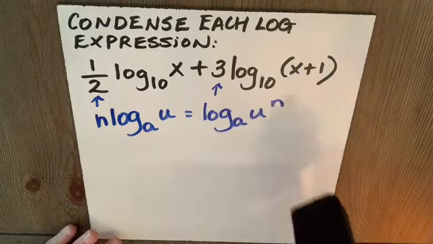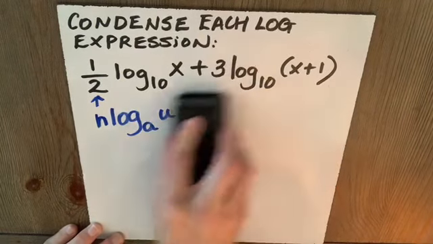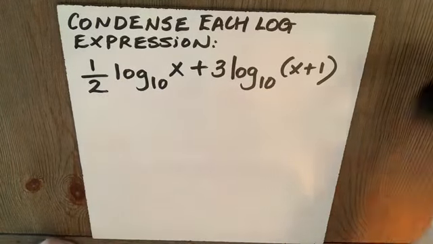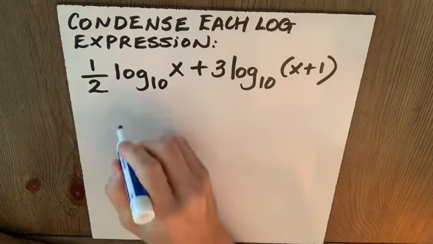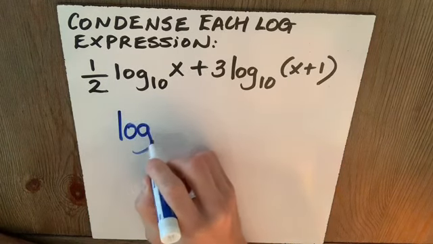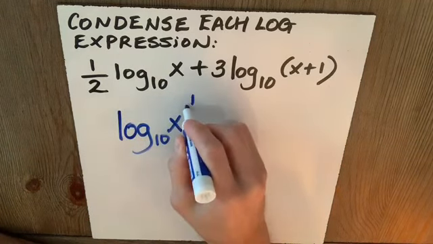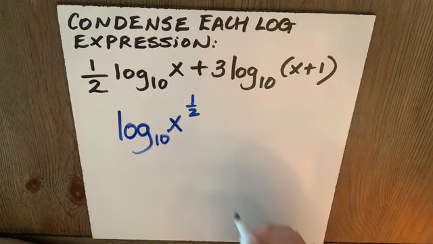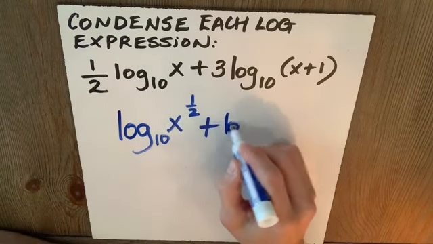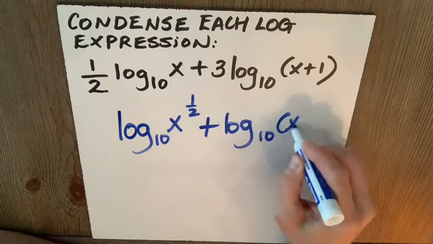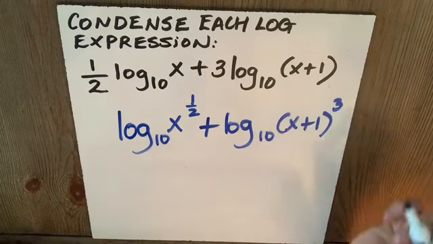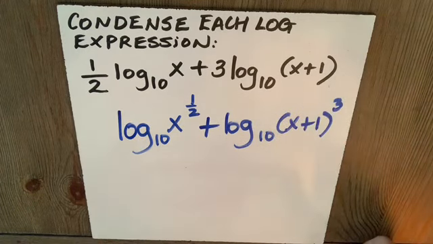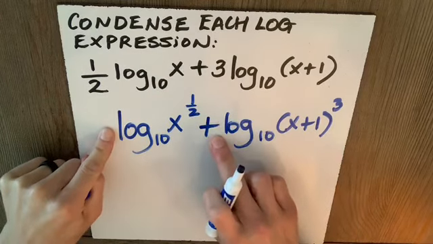So what I'm going to do here is take those coefficients and bump them up and make them exponents. First step, write it as log base 10 of x to the 1/2. Understand that that means we're taking the square root. Plus log base 10 of x plus 1 to the third power.